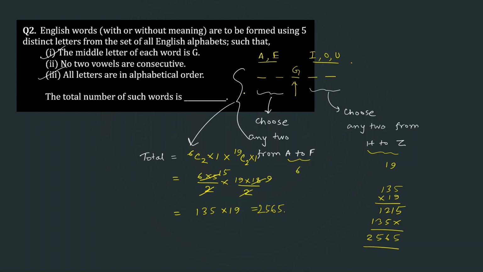We can denote the total number of words where two vowels are consecutive as the number where either these two places have two consecutive vowels or these two places have two consecutive vowels.